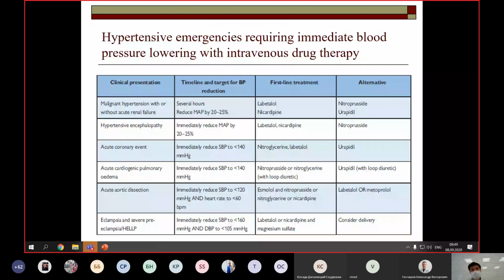The main principles are, first, use all drugs intravenously or sometimes sublingually. Next, please use a very short list of drugs, for instance, nitroprusside, labetalol, urapidil, or esmolol, and never use drugs whose effect cannot be qualified as exact, for instance, diuretics.